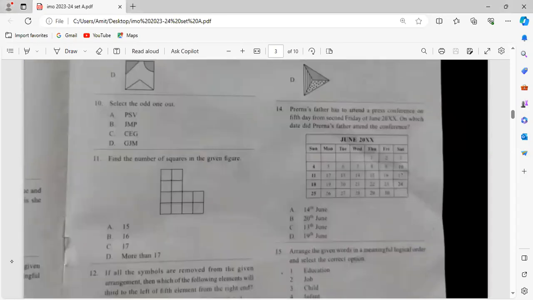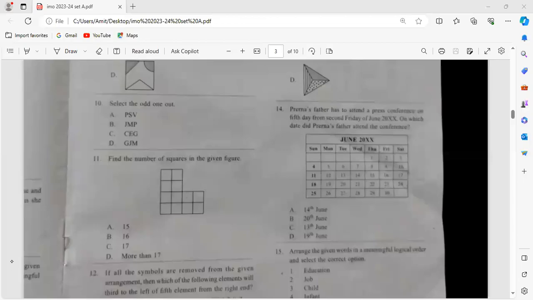Select the odd one out. So question number 10, select the odd one out. So how do we do these questions? First we write A, B, C, D, E, F, G, H, I, J, K, L, M, N, O, P, Q, R, S, T, U, V, W, X, Y, Z. So if you see P here, then you have +2, then you have an S, and then +2, then you have a V. So that's the sequence.